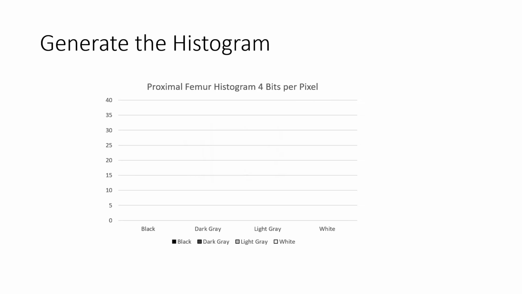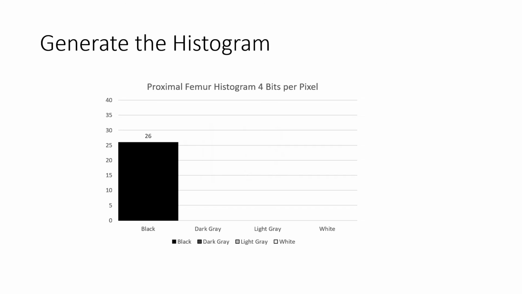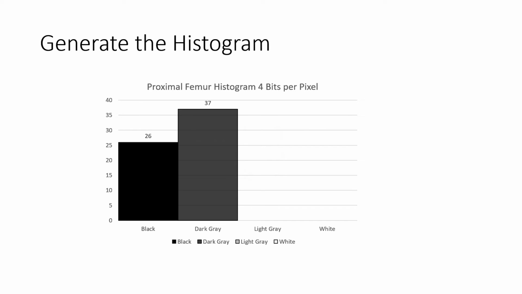With all the data collected, it's time to generate the histogram. First, a grid to provide context. And the black bar, the dark gray, the light gray, and finally the white bar. A real-world histogram is the same as this one, but is made of 4,096 thin bars.